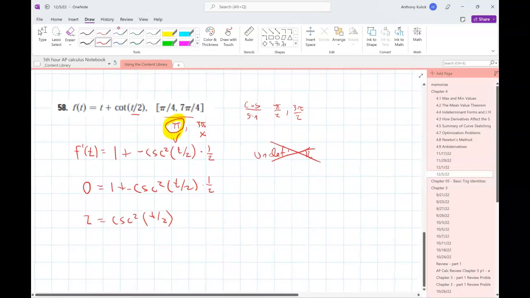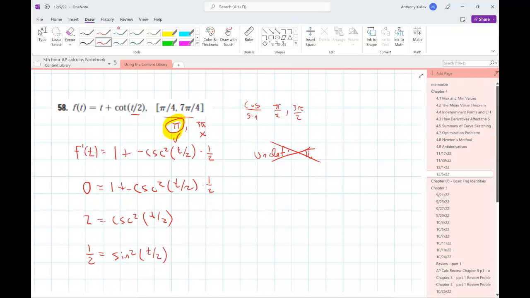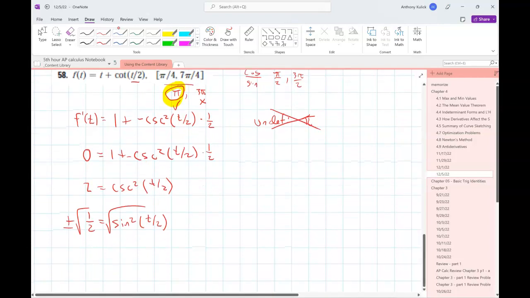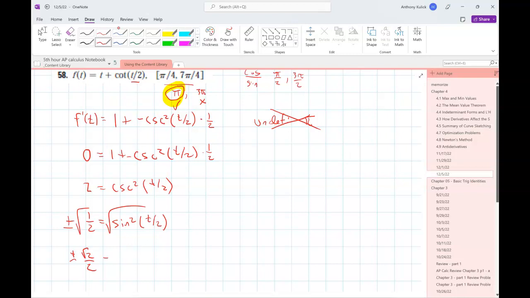And then I'm going to just do the reciprocal of both sides, because I'd rather deal with sines rather than cosecants. Okay with that? So we'll square root both sides. If I rationalize that denominator, square root of 1/2 is square root 2 over 2.